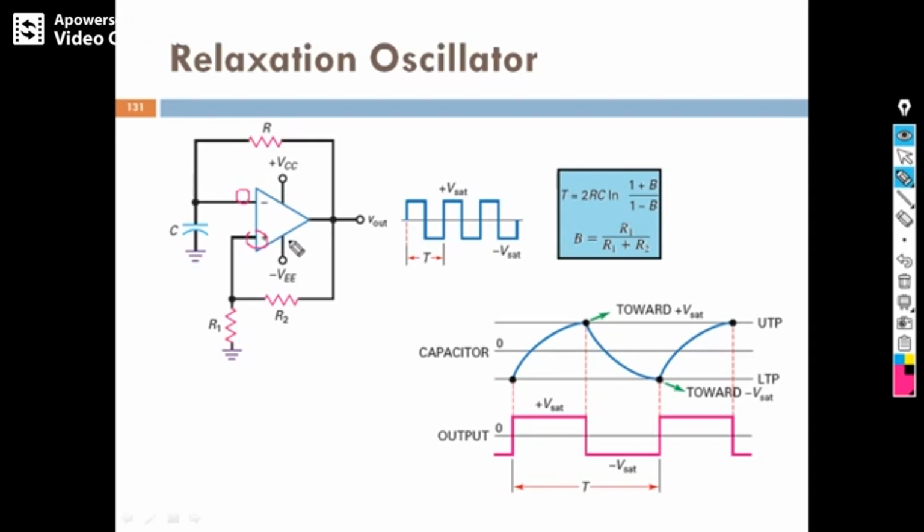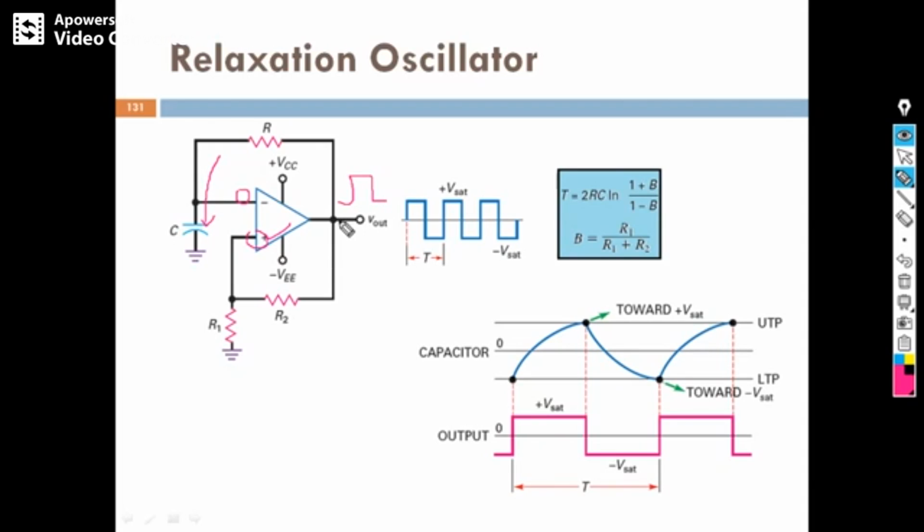That means this is higher than this one. So, output will be positive, that is plus Vsat. Now, this Vsat output voltage is fed back through the resistor and our capacitor will try to recharge.